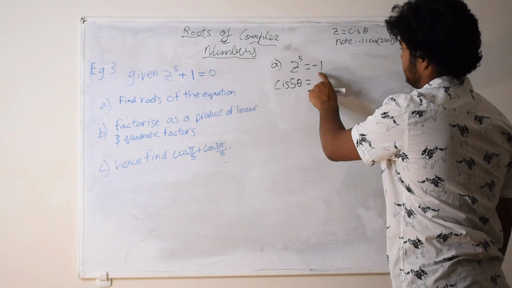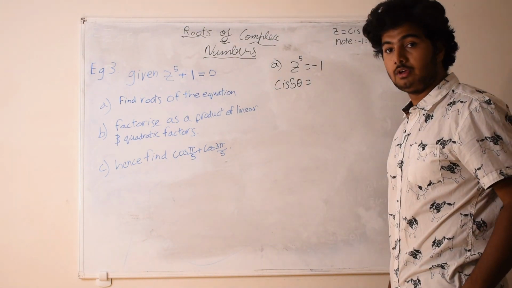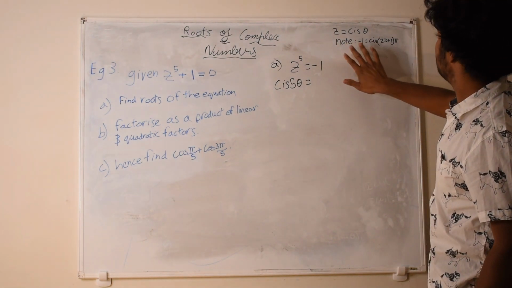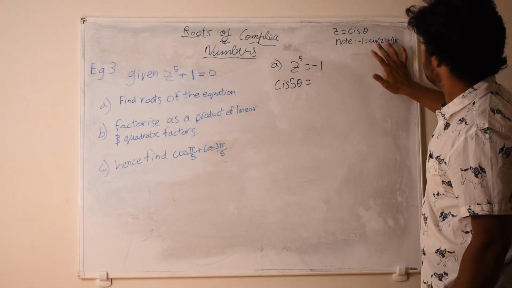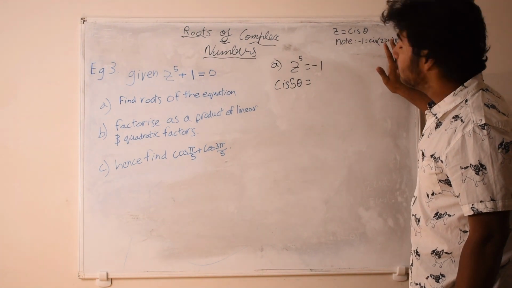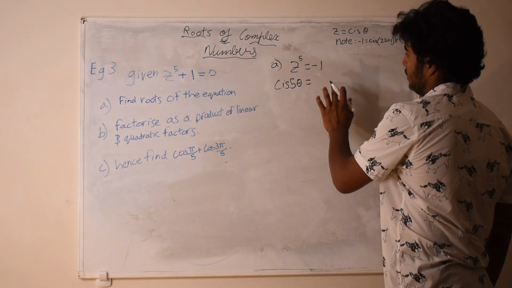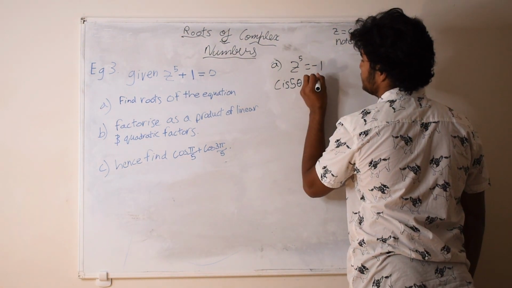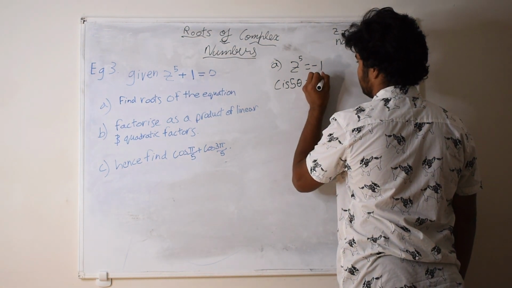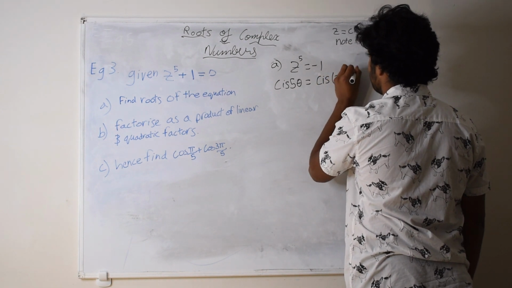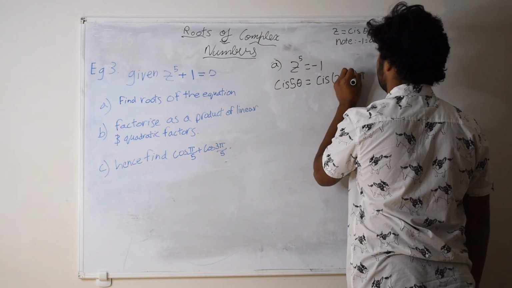How can we rewrite this in terms of cis theta right here? So we've got a little note to ourselves. Negative 1 equals cis (2k plus 1) pi. We're going to remember that. Put that in right here. We'll go cis (2k plus 1) pi.